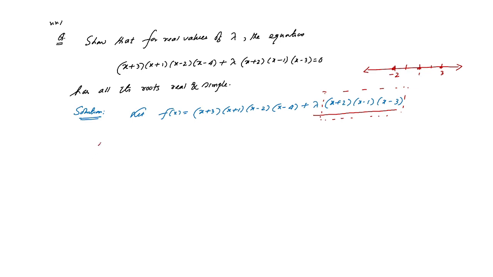So then we see that f of infinity is strictly greater than 0. What is f of minus 2? So this part vanishes. We just put x equals minus 2 here.